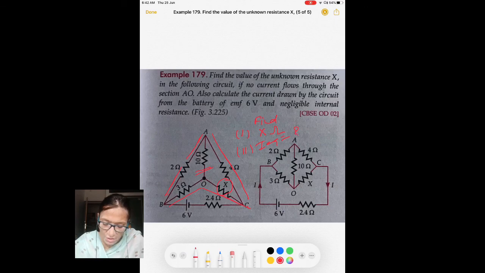So all these things you have to find. And here the circuit is redrawn in a simpler form so that we can see the construction of a balanced Wheatstone bridge. Here from this arm no current is flowing, so the ratio of the two resistances must be the same.